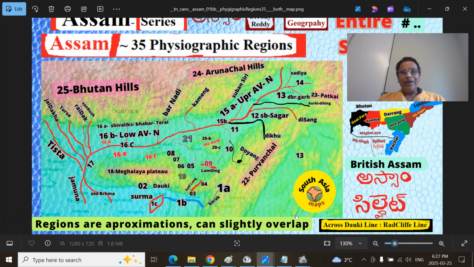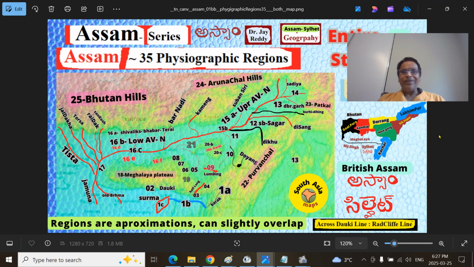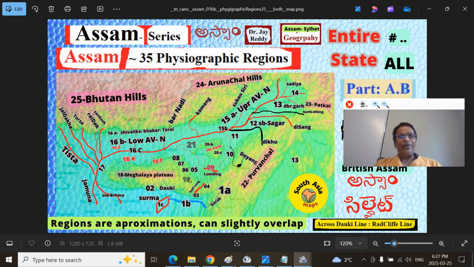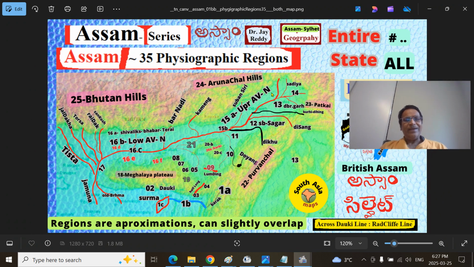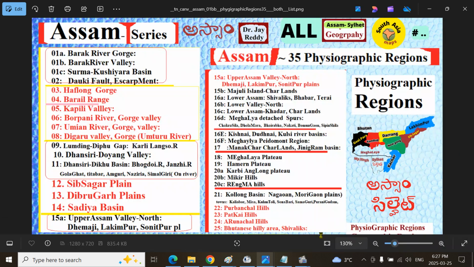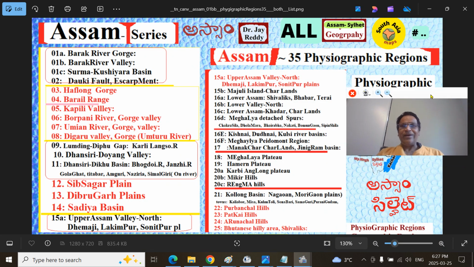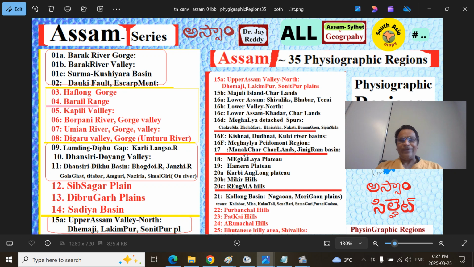Long before, I covered all the 35 or so physiographic regions of Assam province and Sylhet in depth, and you can go and look at them. We are looking at part 6, Barak Gorge here and Silchar plains here, Barak plains, and the downstream bifurcated Surma and Kushiyara region we are looking at today. And if you didn't have a chance, I will stop here also so that you can see all those 35 or so physiographic regions. When I say 35, sometimes I might have given A, B, C, D also.